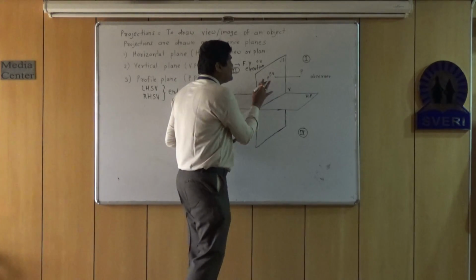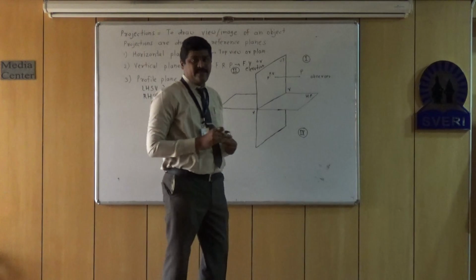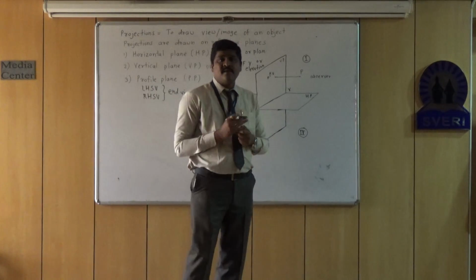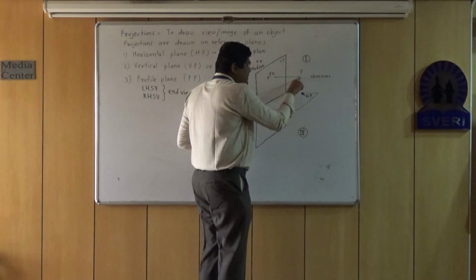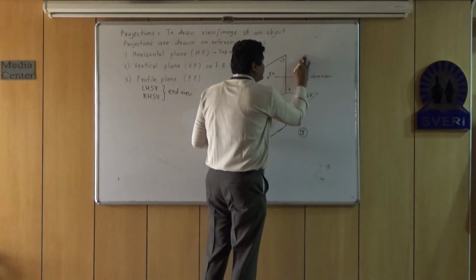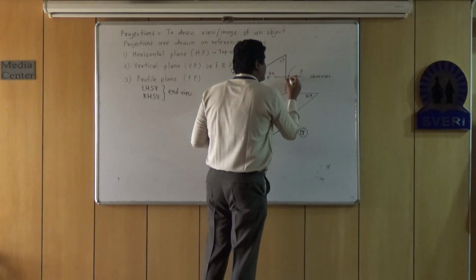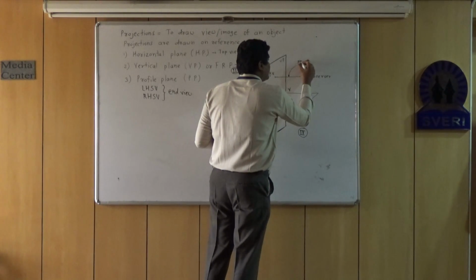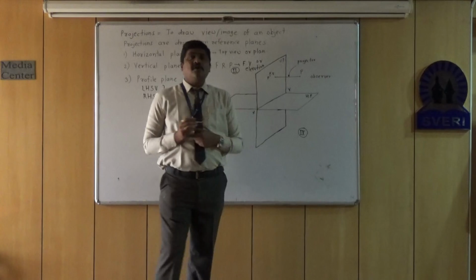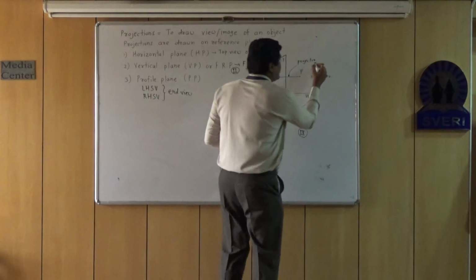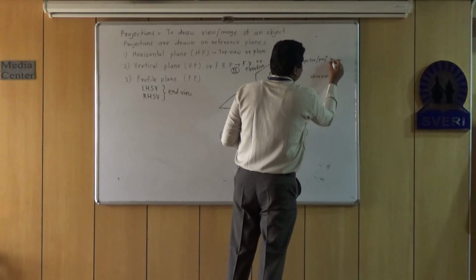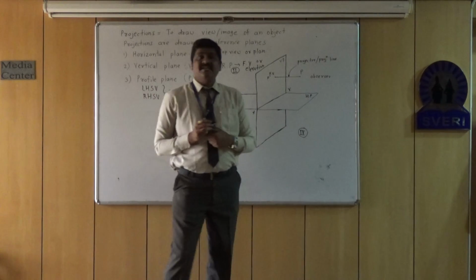P dash is the front view of the point P. Here we need to understand that there is an imaginary line between the object and its front view. This particular line is called the projector, or it is also called the projection line.